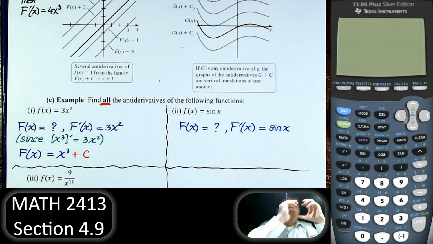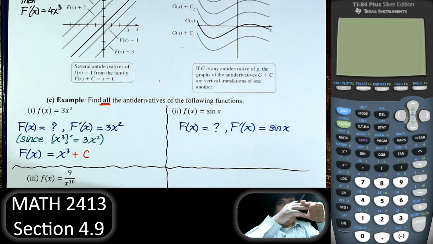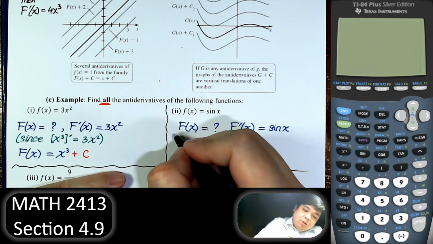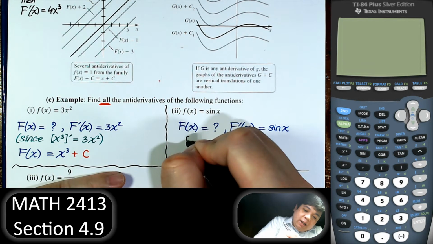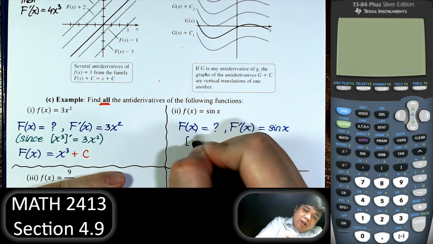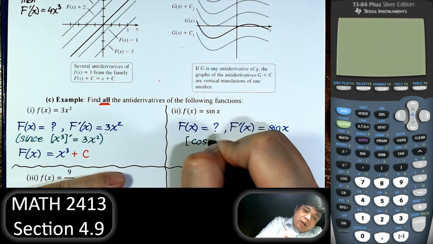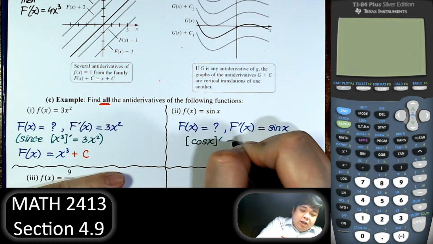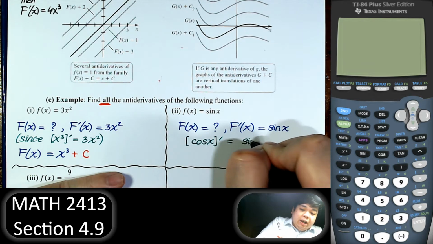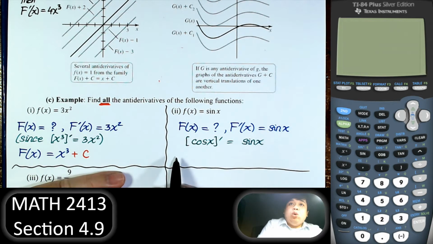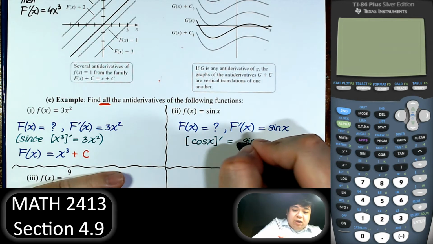We know that the derivative of sine is cosine, and the derivative of cosine is sine. So in order to get to sine, we take the derivative of cosine, because the derivative of it will turn into a sine. However, the derivative of cosine is equal to negative sine.